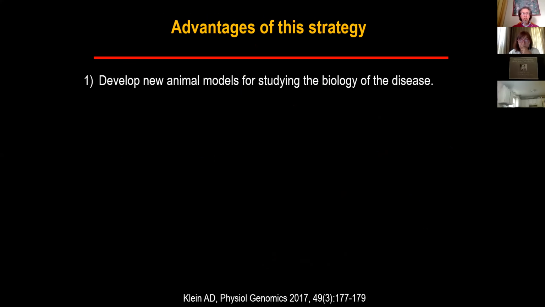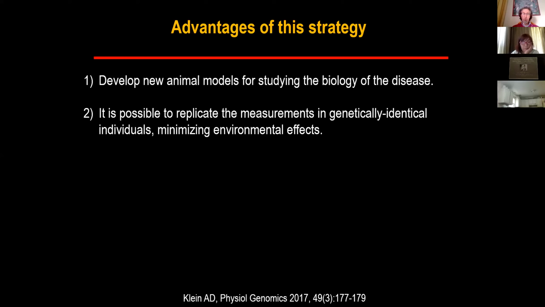So this strategy has several advantages. I already mentioned some of them. The first one is that it allows us to develop new animal models for studying the biology of the disease. We have access to the tissues of the animals, so we can really learn about the biology behind it, using omics, immunostainings, etc. It is possible to replicate the measurements in genetically identical individuals, so minimizing environmental effects.